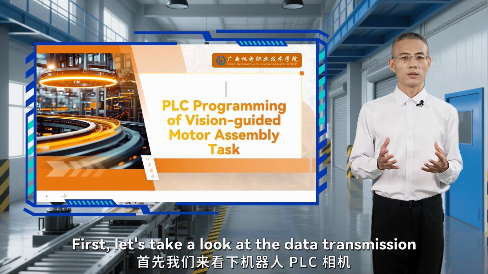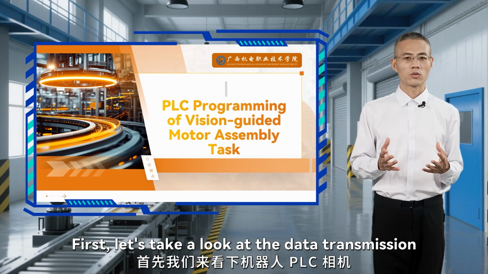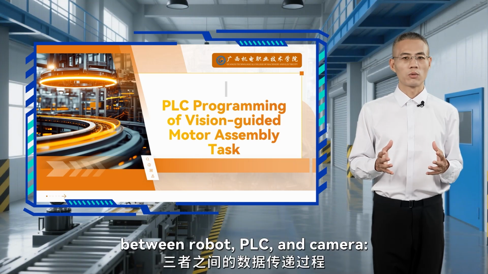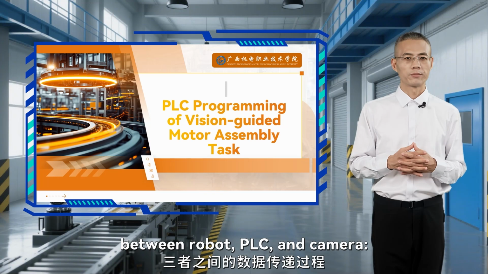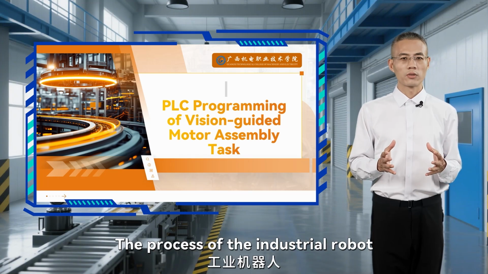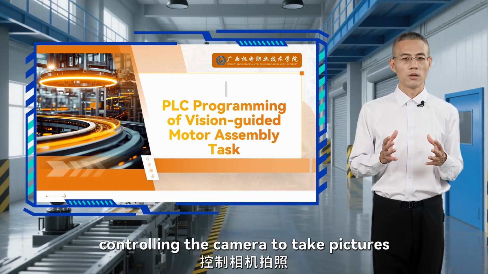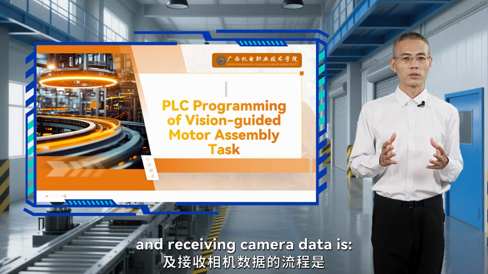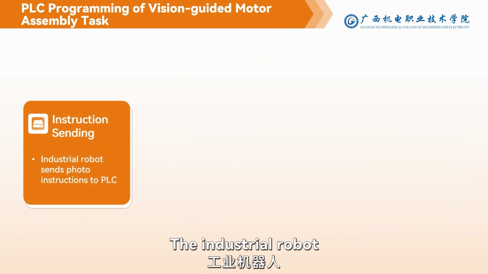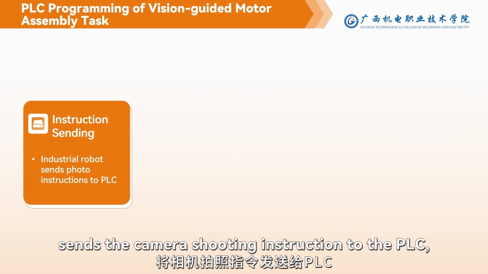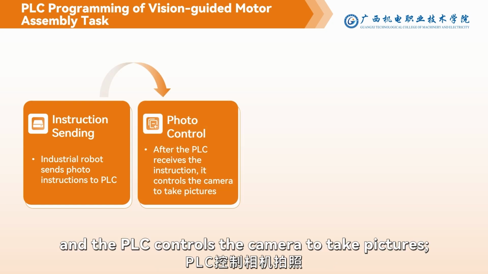First, let's take a look at the data transmission between the robot, PLC, and camera. The process of the industrial robot controlling the camera to take pictures and receiving camera data is: the industrial robot sends the camera shooting instruction to the PLC, and the PLC controls the camera to take pictures.